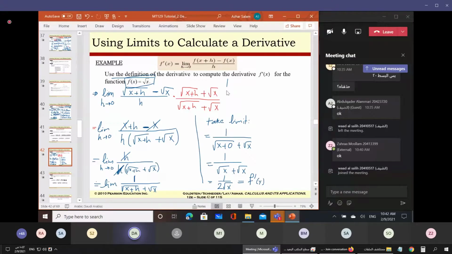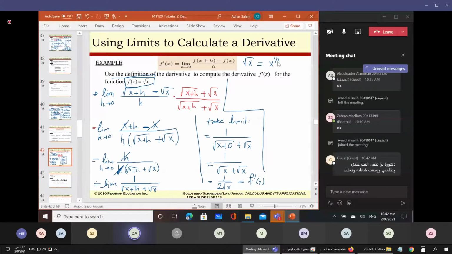And this will be the same result when I use the power rule. Also, I have the square root of x. As we said, the square root is actually a rational power. It's equivalent to x to the power half. Remember this rule? I can rewrite the square root of x as x to the power half.